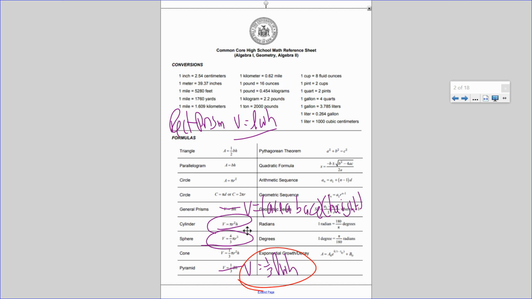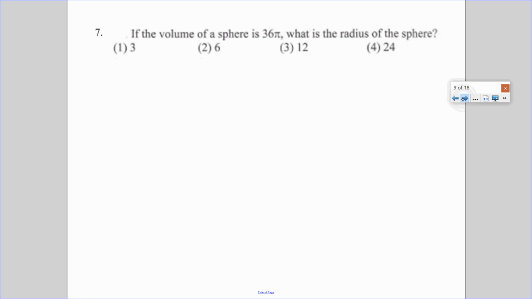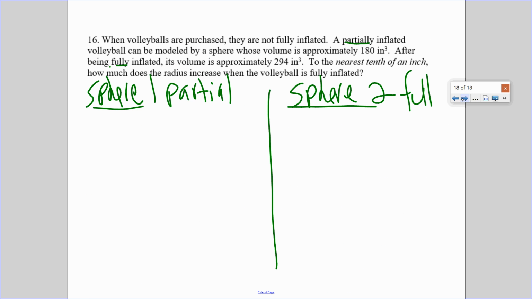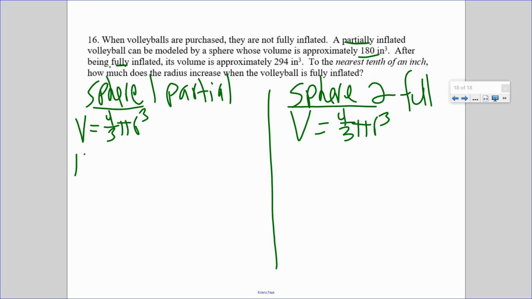So my sphere formula, I go to my reference sheet, is 4/3 pi r cubed. For each of them, I'm going to write V equals 4/3 pi r cubed. For sphere 1, the volume is 180.